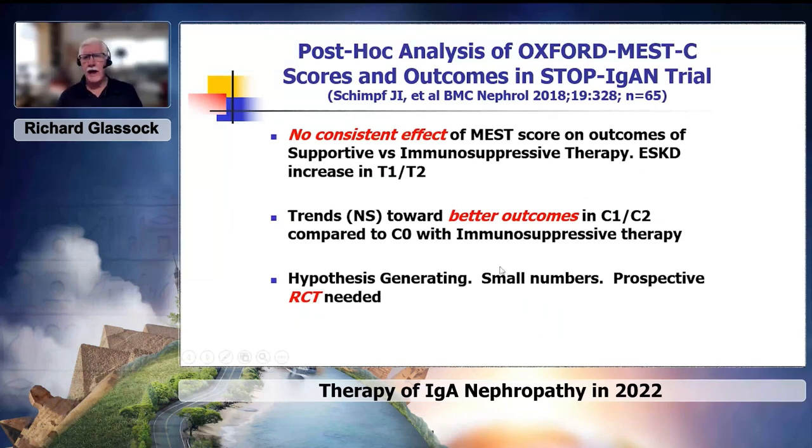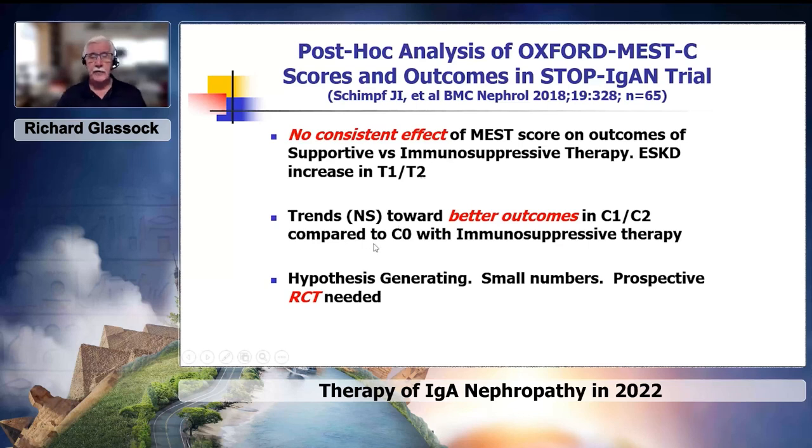Now, there was a post-hoc analysis of the STOP IgN trial to examine the role of MEST-C scores, and there was no consistent effect of MEST score on outcomes in the supportive or immunosuppressive therapy group, but end-stage kidney disease did increase in frequency in those with T1 and T2 lesions at baseline.